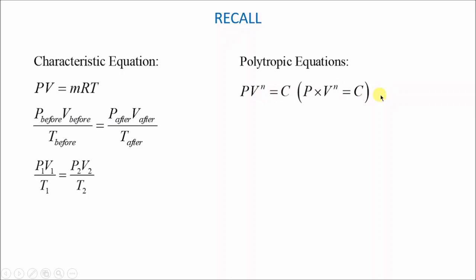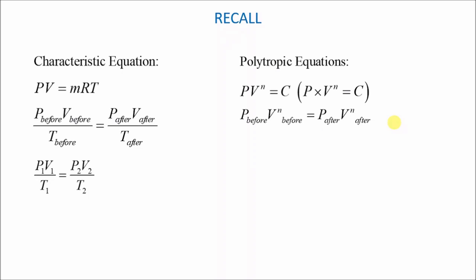Now, this equation can be written like this. The product of the pressure multiplied by the volume raised to the power of N before a certain process is equal to the product of the pressure and the volume raised to the power of N after that process has taken place. So if, for instance, you have a compression process between state 1 and 2, the substance was at state 1 and then compression takes place, and now the substance is at state 2.